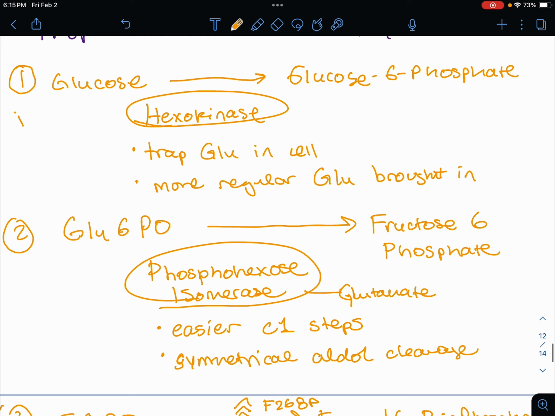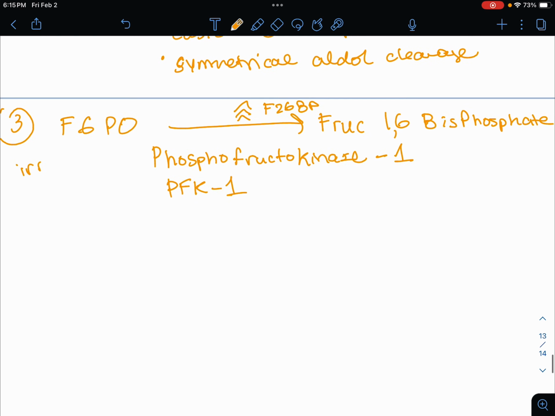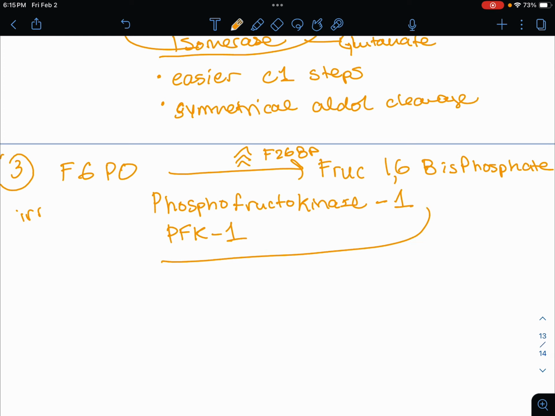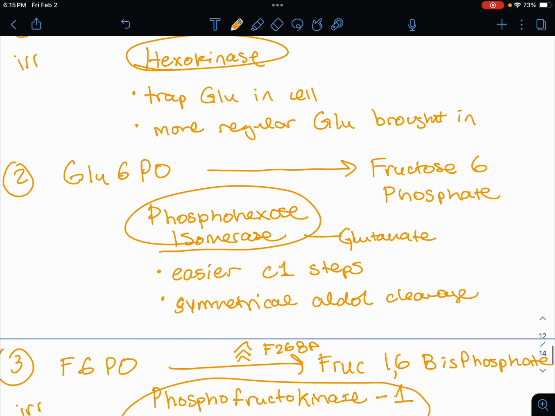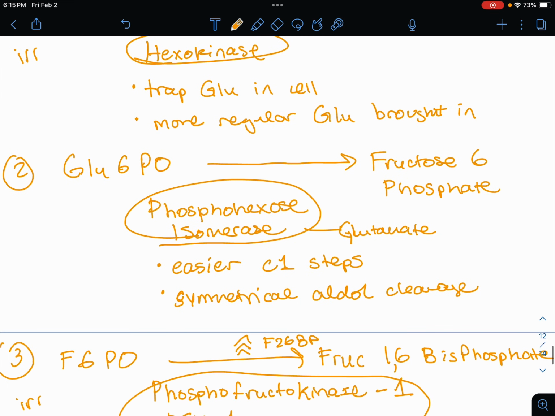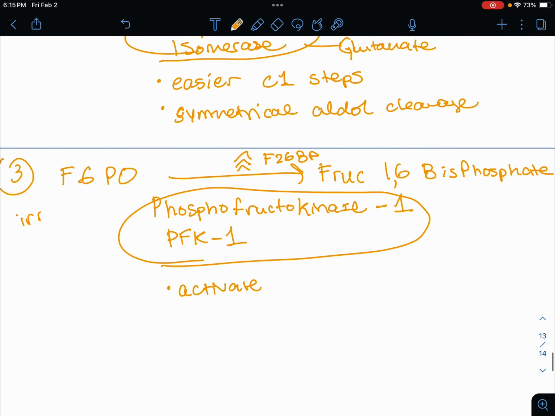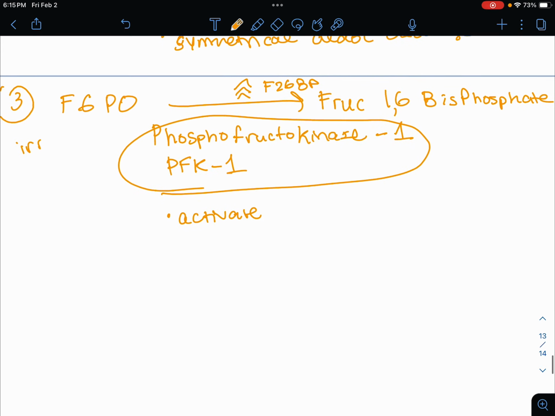Our previous irreversible one was step 1, but now step 3 is also irreversible. And we're going to circle the enzyme. Okay, so the purpose here is to activate glucose. Continue activating the original molecule here, where it's being transformed and it's getting more activated.